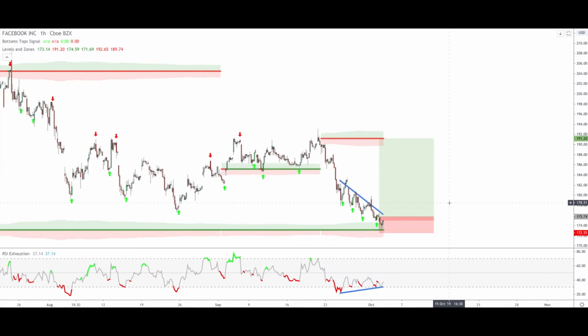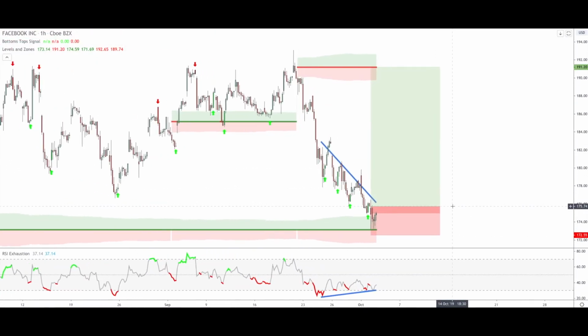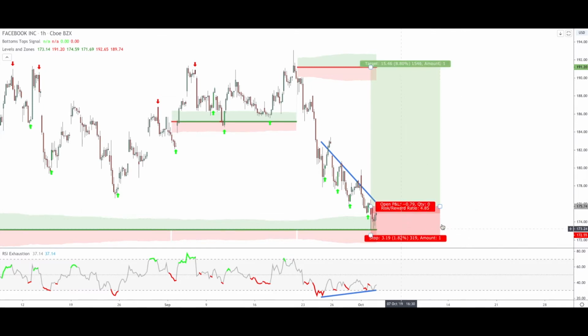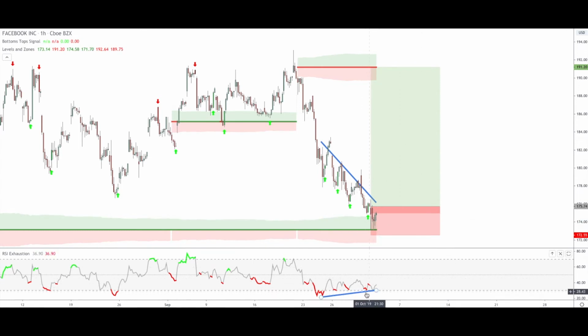Okay, a quick update. So the price went lower, but as I expected, what's protecting us is this support here. So the price is within our, let's say, stop loss area, but I'm looking at the RSI, which is still trending up, which is even better because it means that the price goes down and the RSI keeps moving higher, which means that the price should move higher anytime soon.